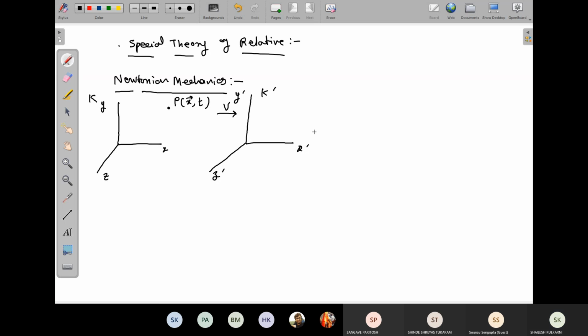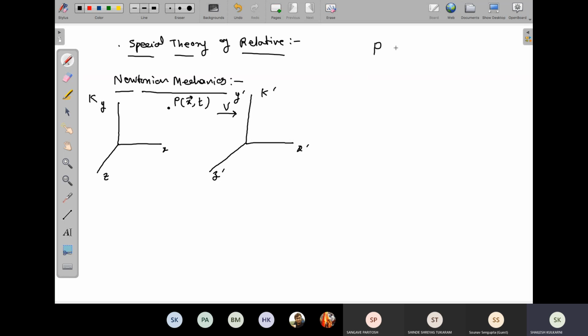Now suppose some observer is situated in this frame. How is this observer going to label this point by these coordinates? Suppose according to the observer in K prime, the point P is the same. In both frames, the point P is the same. It is happening independent of your frame.